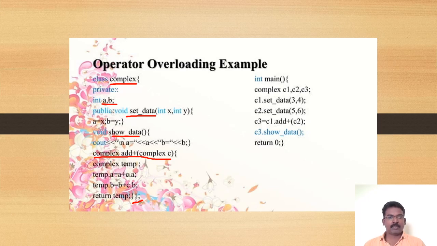So in this program, we are going to create three objects, that is C1, C2 and C3.